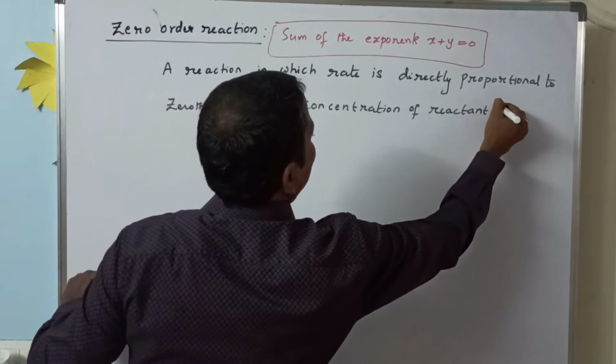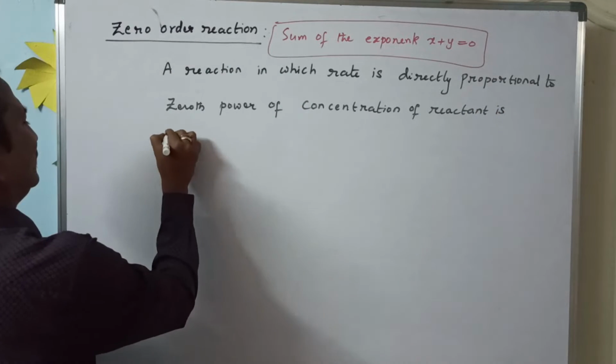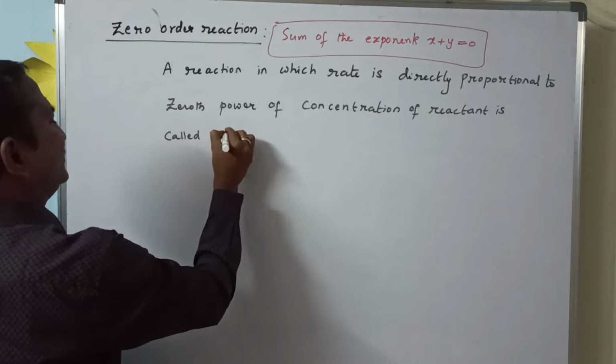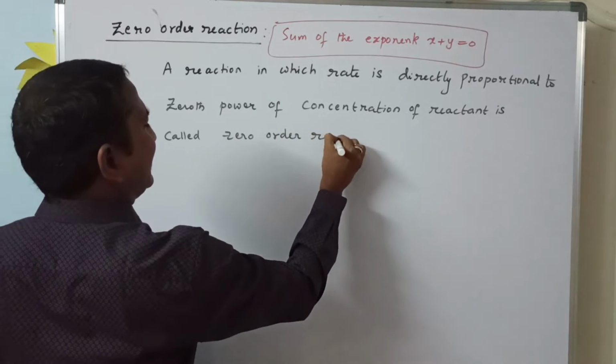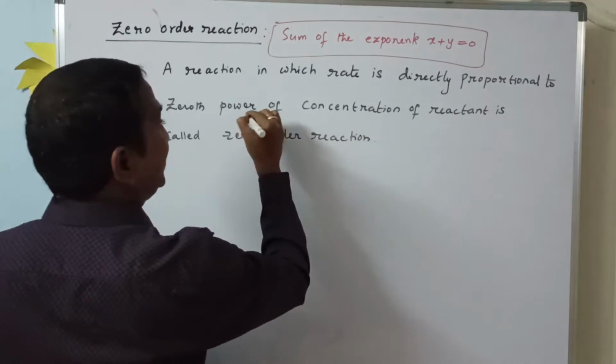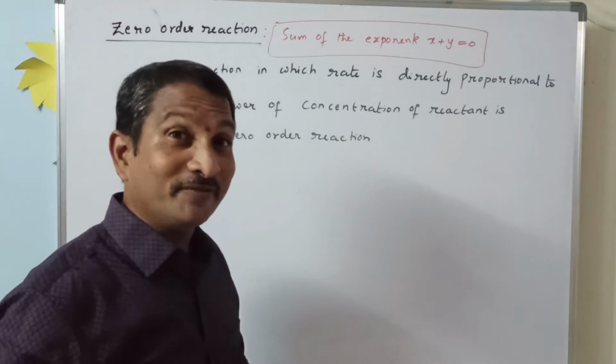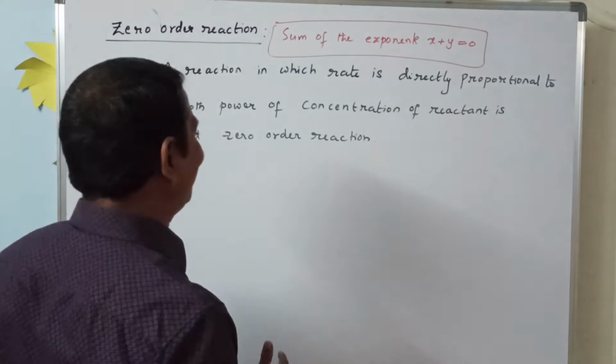That is called zero order reaction. Clear all of you? Zeroth power. Using this definition we can write the differential rate equation.